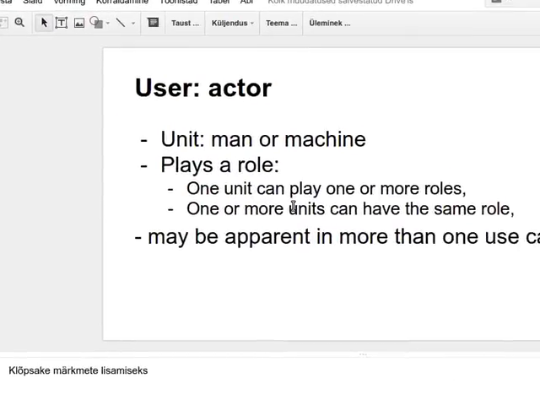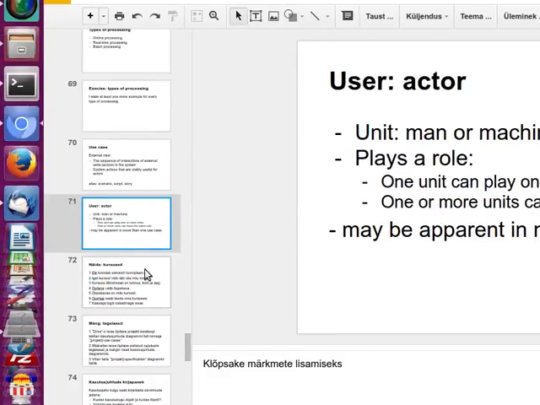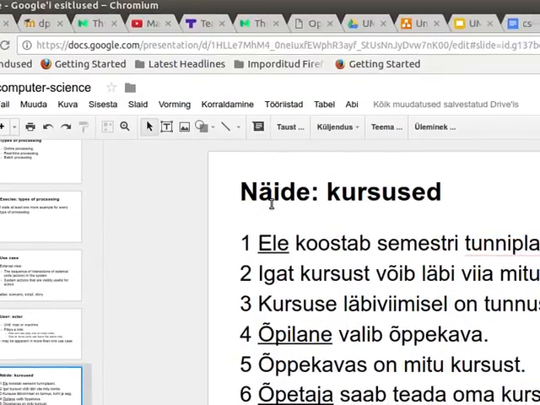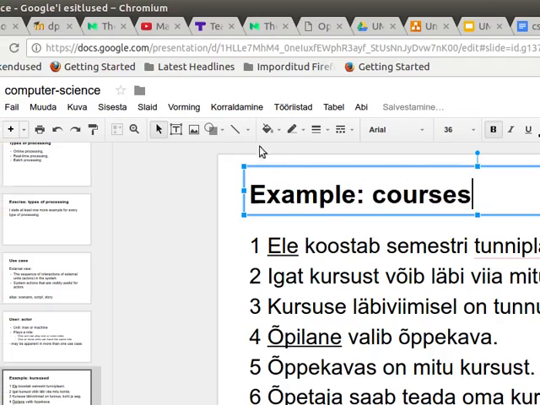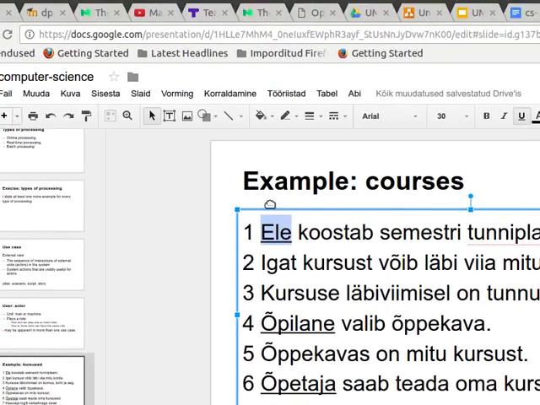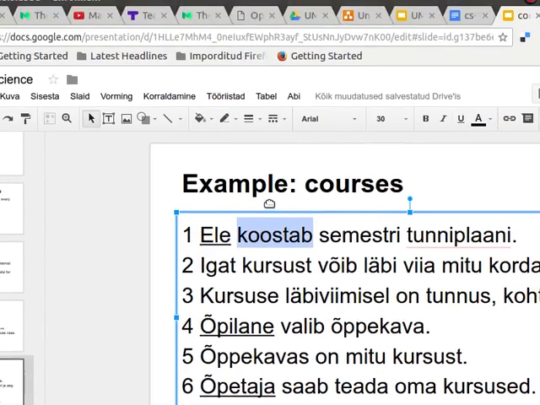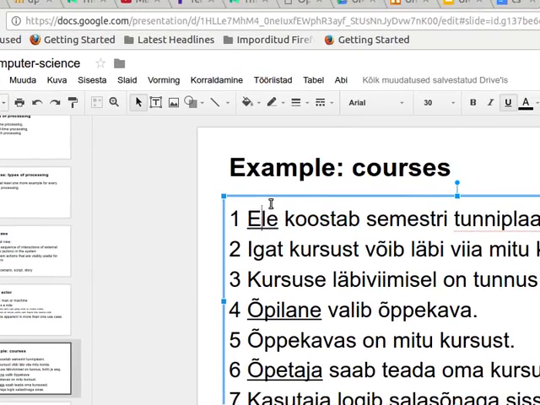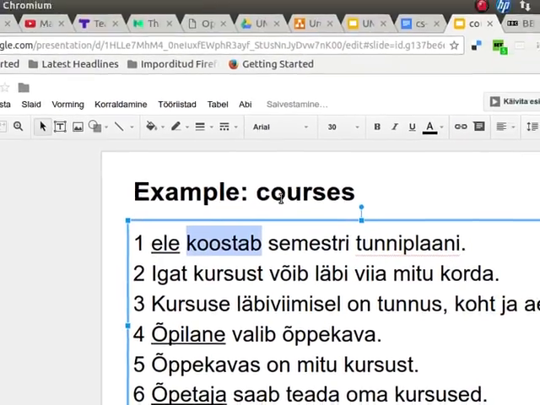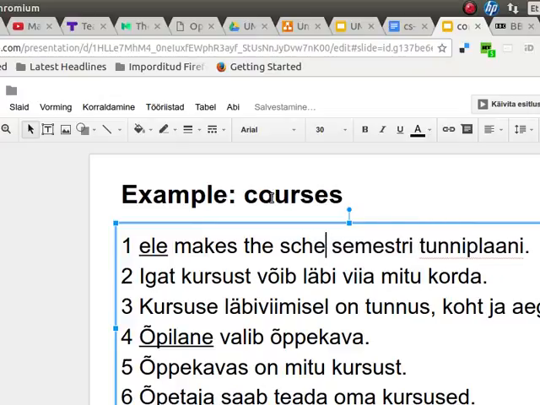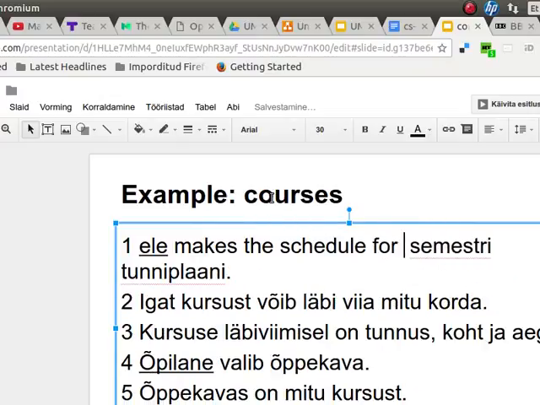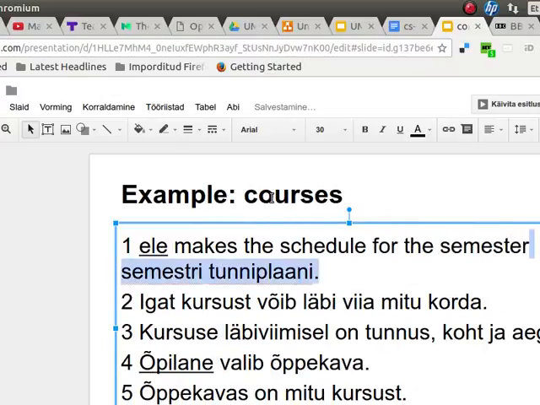This is the wrong slideshow. Here's the correct one. So next one is another example about courses. So Ella makes the schedule for the semester.